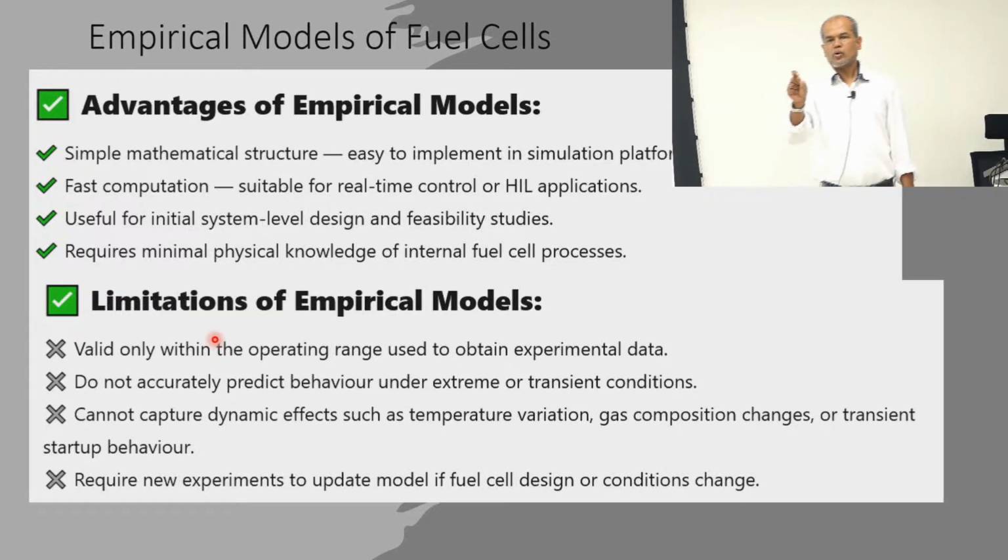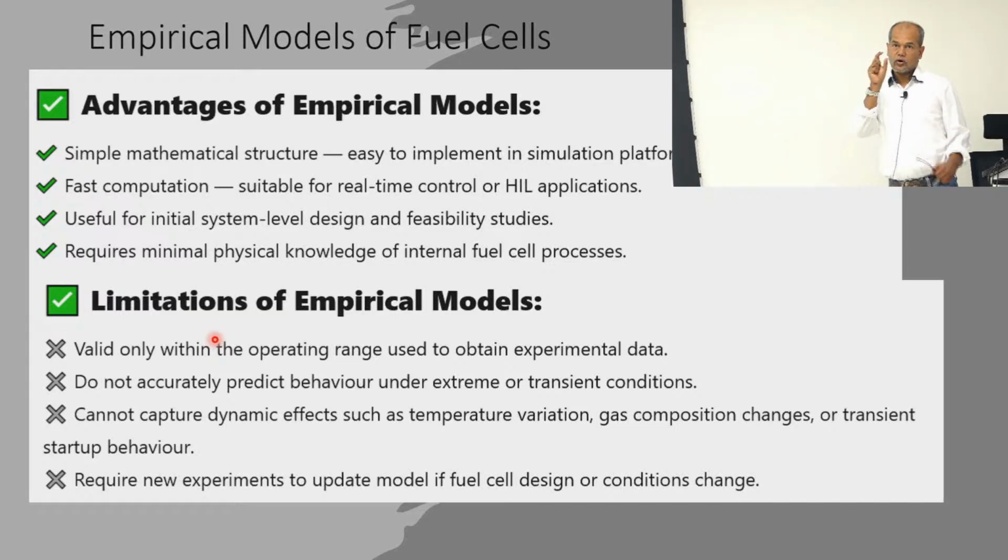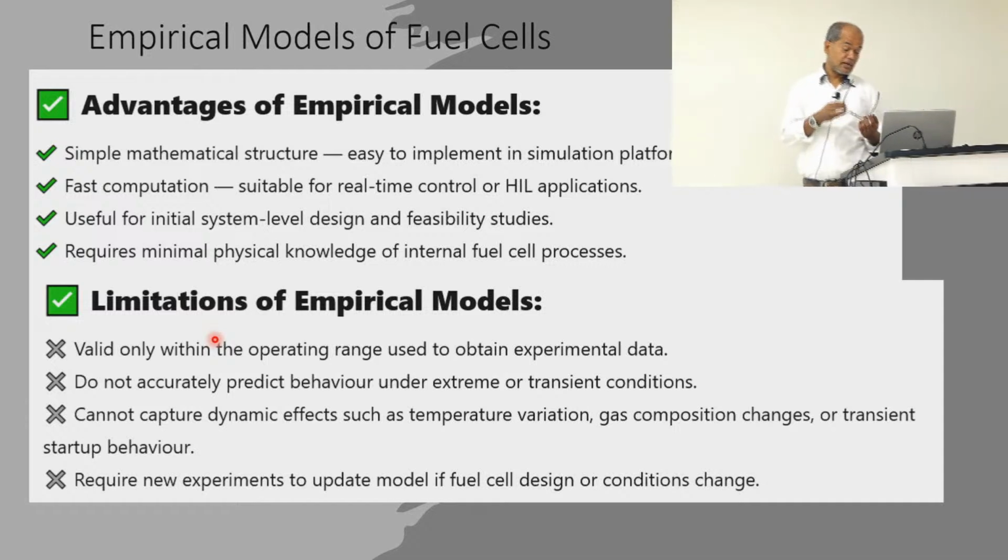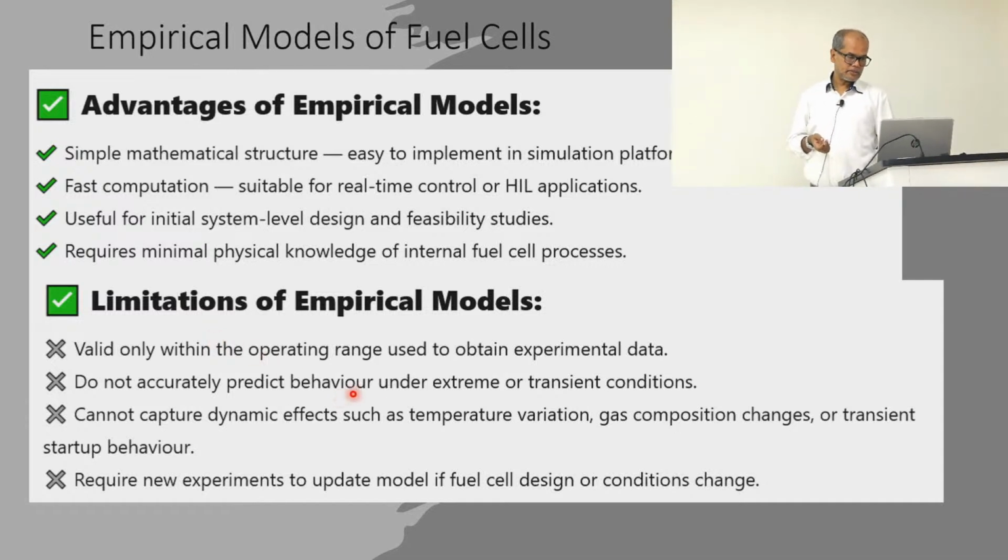So, that model is valid only for the condition in which you did the experiment. And as I mentioned, it does not capture temperature variation, gas composition changes or any transient behavior. And as I said, you need a new experiment to update the model if anything changes. So, that is the disadvantage, but the good thing is that it is very simple.